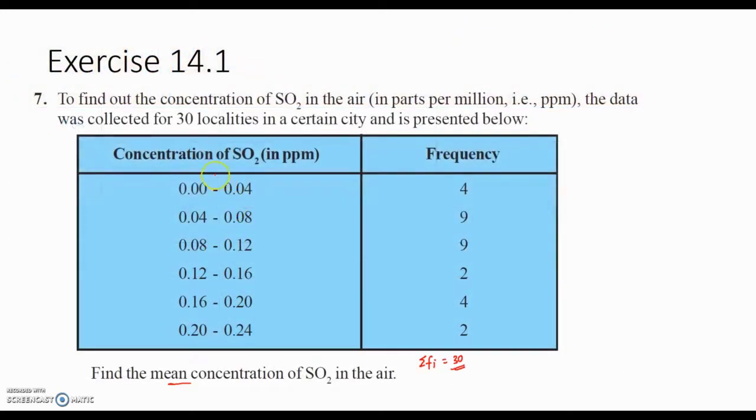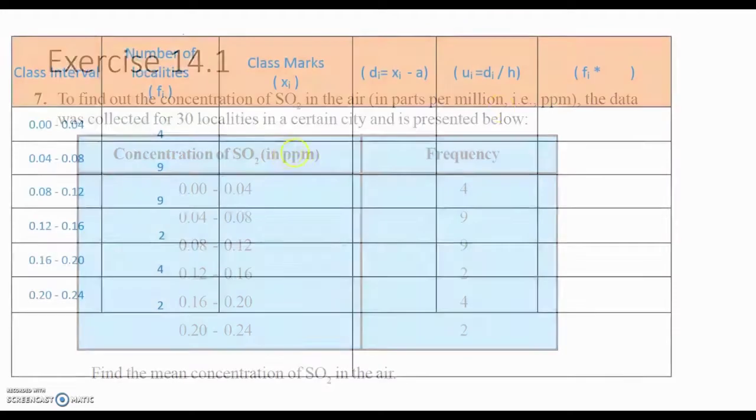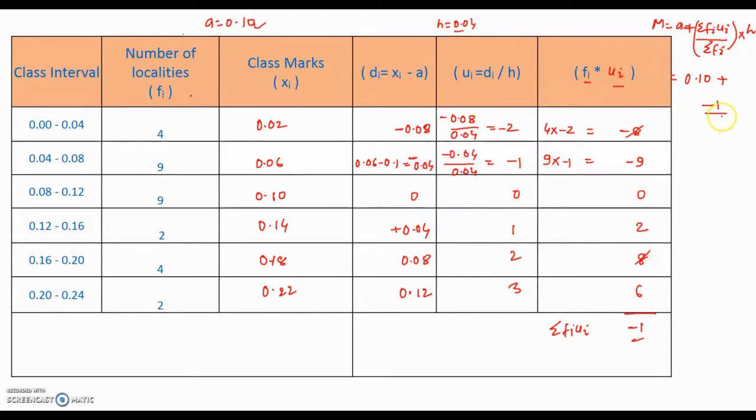We can either see in the question, 30, or we can add them up. So we know sigma fi is 30, so we don't need to add also. So this will be 30. And h is 0.04. This is 0.10 plus, this is minus actually, minus 0.04 by 30. So let us see how we can simplify this.